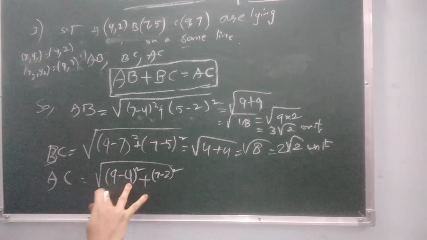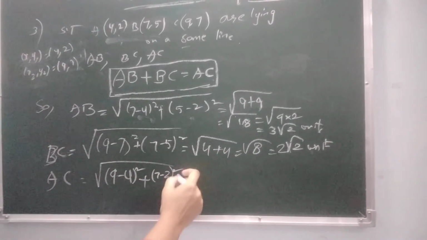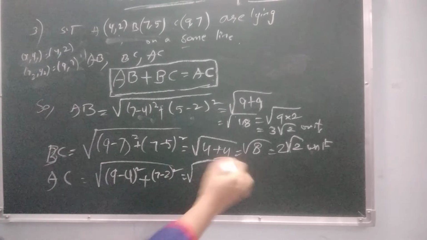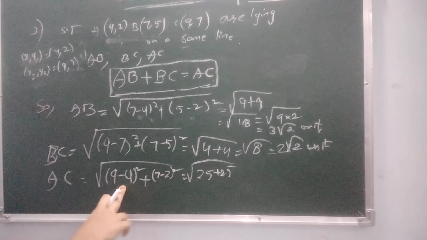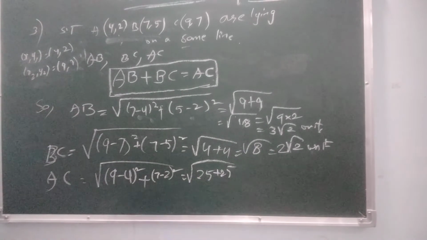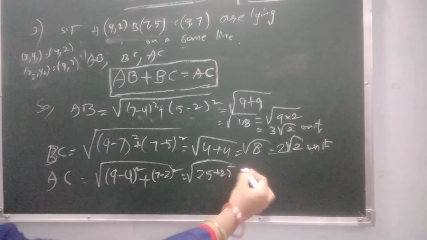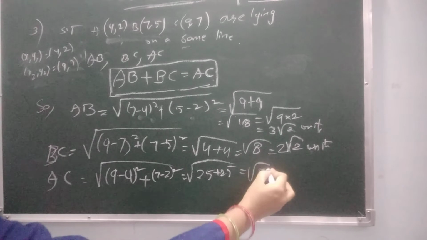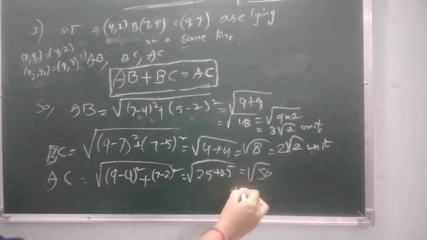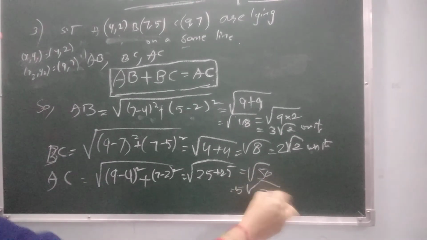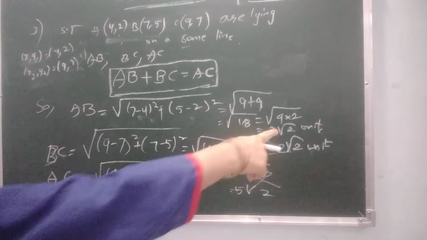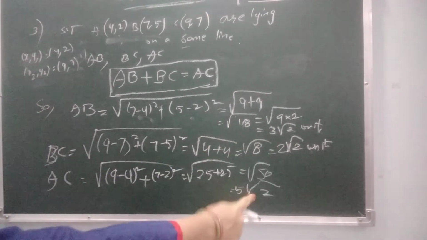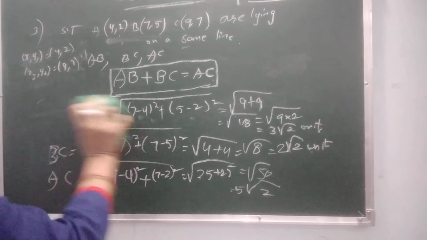That means 9 minus 4 means 5, 5 square plus 5 square, that means 25 plus 25, that means root 50. It can be written as root of 25 into 2, that means 5 root 2 units. So we have 3 root 2, 2 root 2 and 5 root 2.